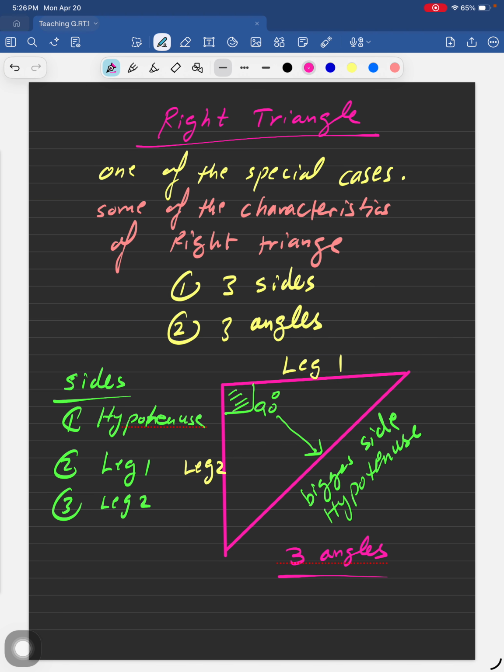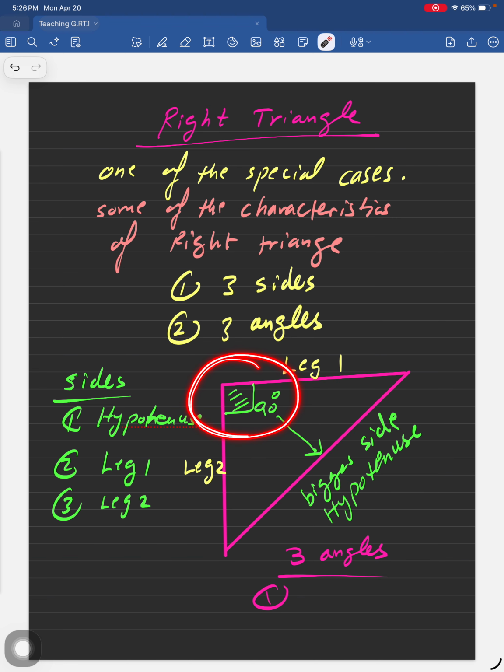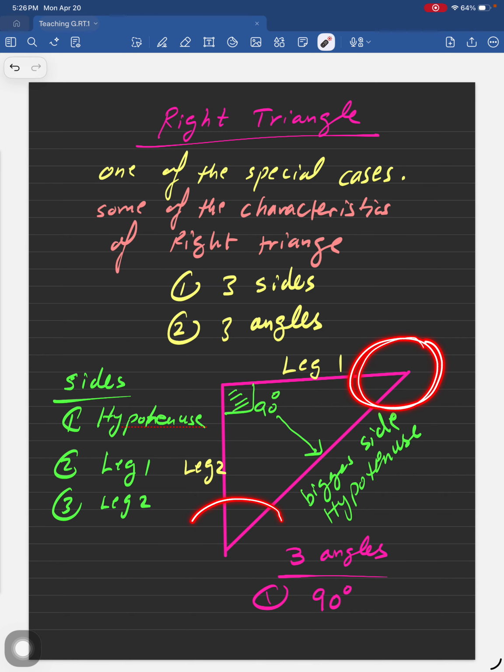The first angle, as we saw, is the 90-degree angle. Remember all the time, the 90-degree angle is the biggest angle, which is opposite to the biggest side, the hypotenuse. Now the other two angles will be something like this. Here is one angle and here is another angle.